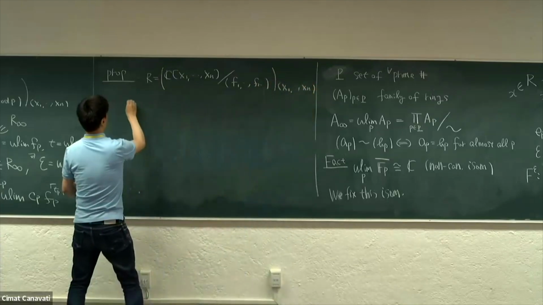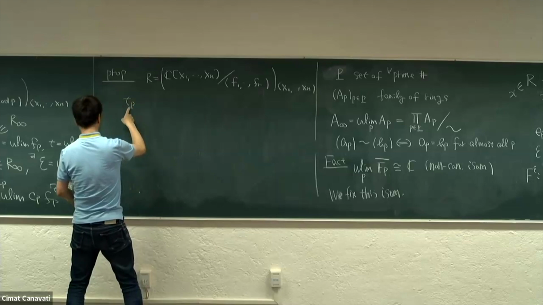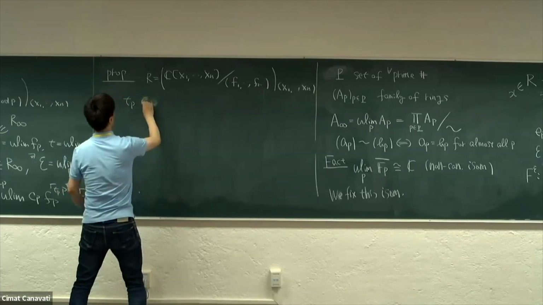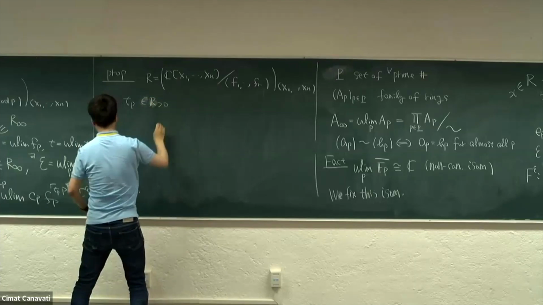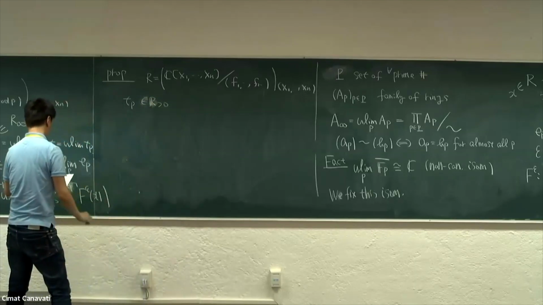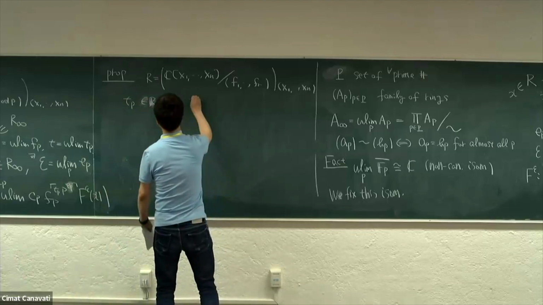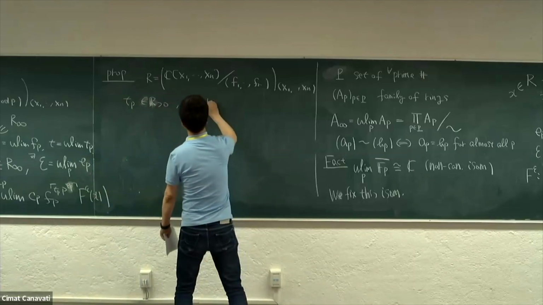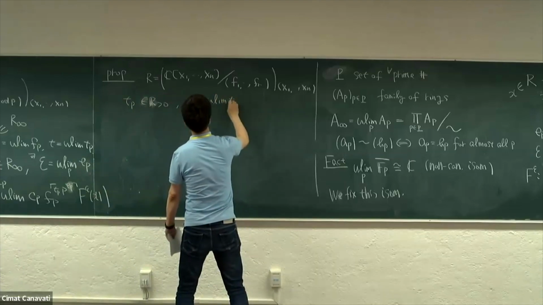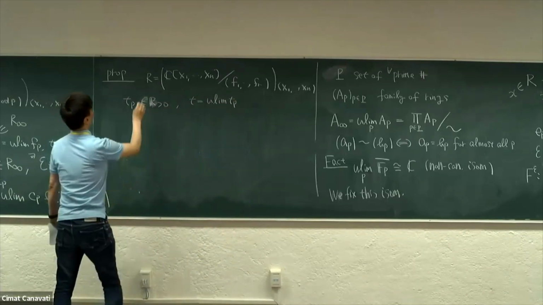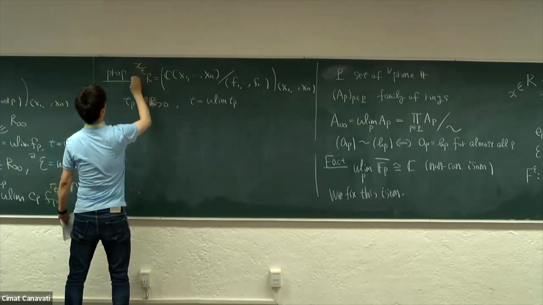And we take t sub P a positive real number for every prime P, and our t is the ultra product of t sub P. And I have an element x in here.